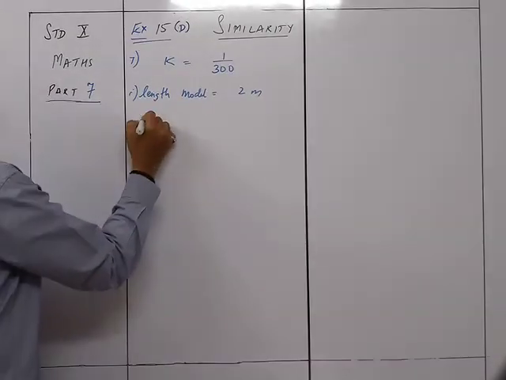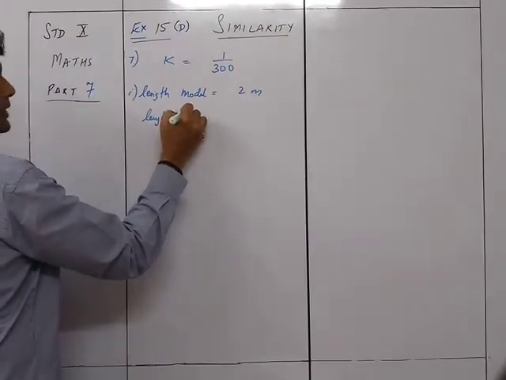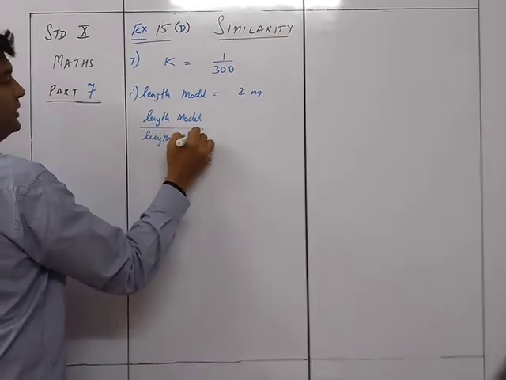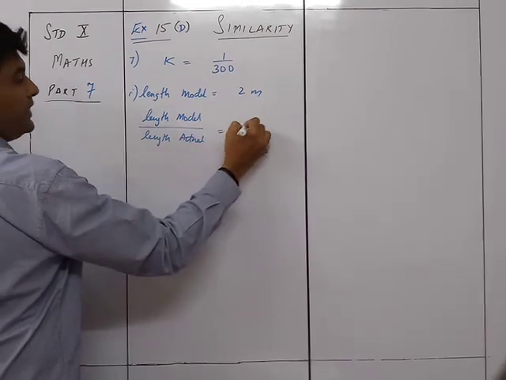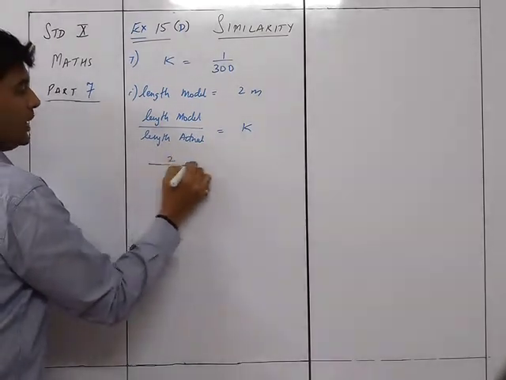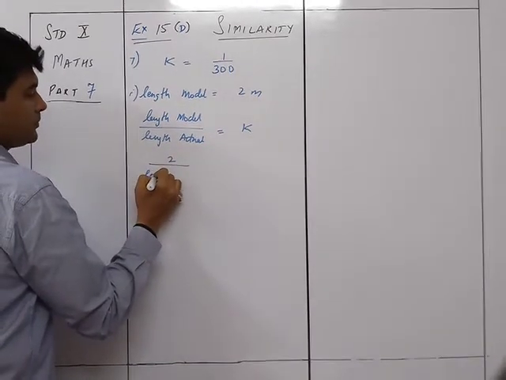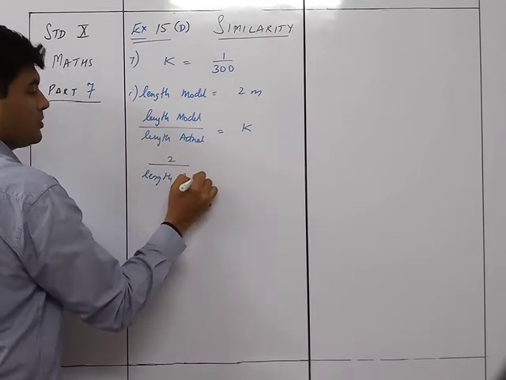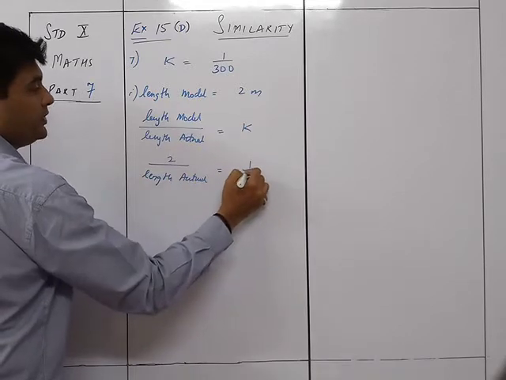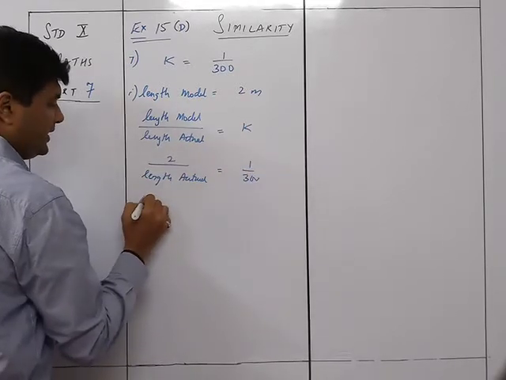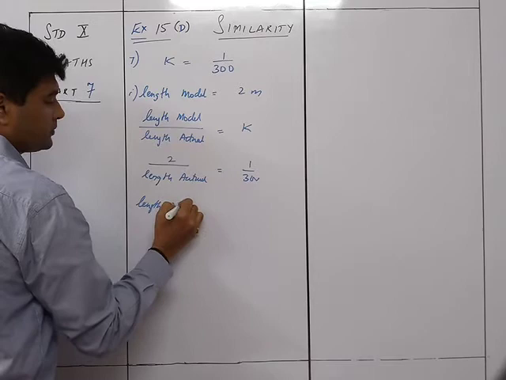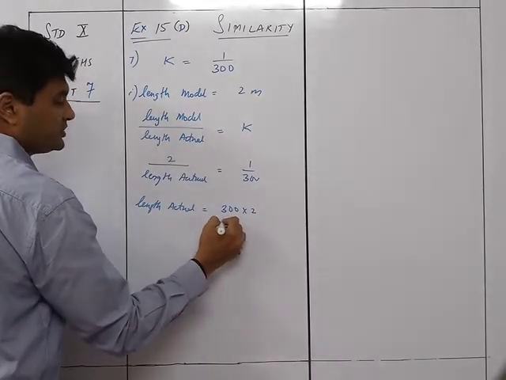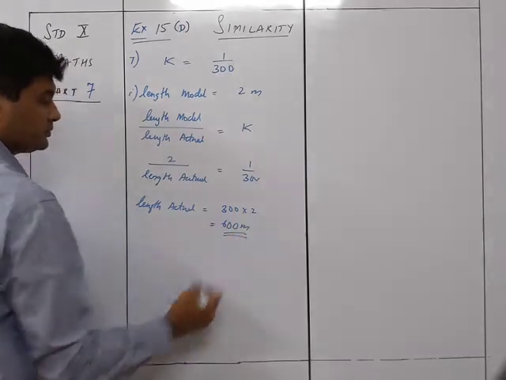So we have length of model upon length of actual is equal to K. So 2 upon length actual is equal to 1 upon 300. Therefore length actual is equal to 300 into 2, which is 600 meters.